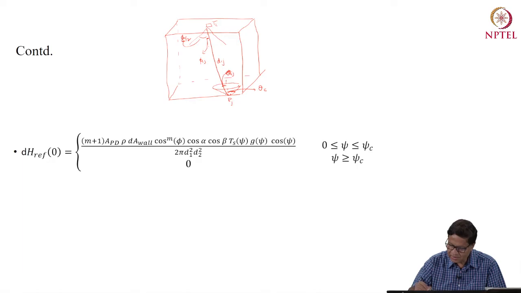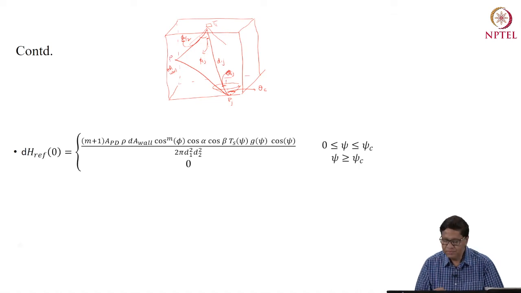For example, a ray which is coming from the radiation pattern of the source strikes the surface or the wall with some area, say dA wall, or here I have used capital A. And it will have some reflection coefficient, say rho.